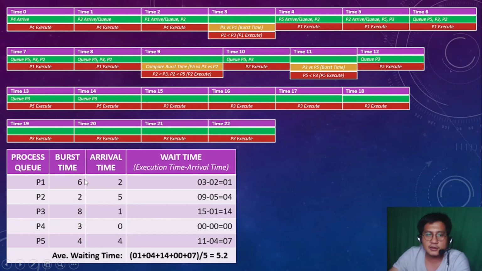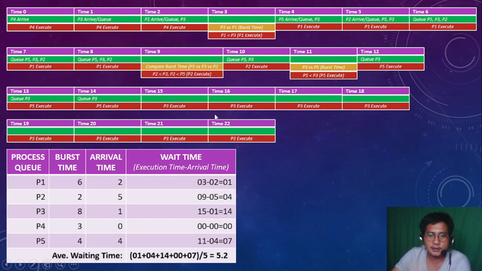Now let's look at this. P1 has an execution time of 3. Why does P1 have the execution time of 3? Because in this Gantt chart we have time 0, 1, 2, and at time 3 P1 was first executed.